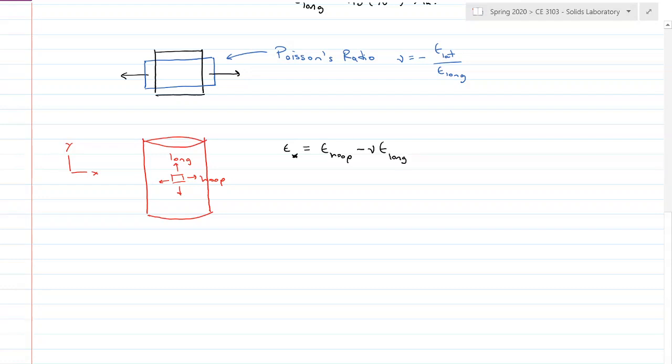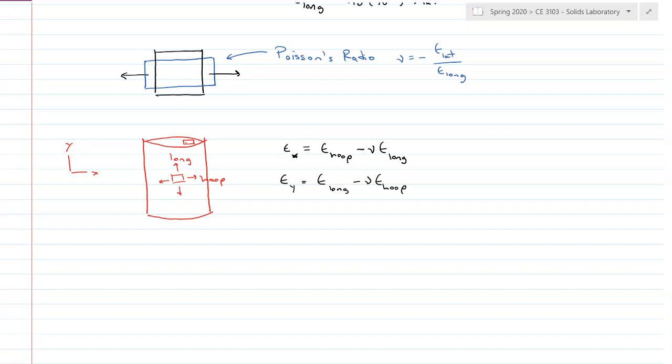Because this wants to stretch out in every direction, which means in the hoop direction it's trying to stretch out, but it's being pulled back by the longitudinal direction. Similarly, EY is going to equal E long minus nu E hoop. Okay, is that making sense? Psh, sticks a little Coke can. That's a terrible tab. Anyway, there we go.